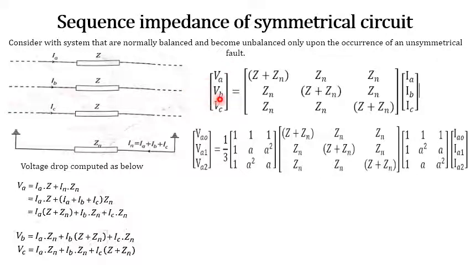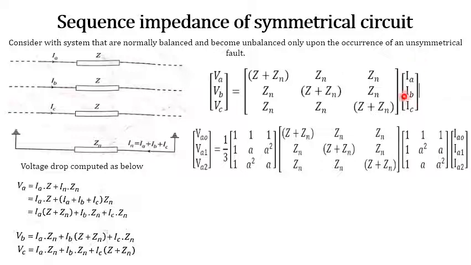For the voltage, we substitute the sequence components Va0, Va1, Va2, which can be written as 1 by 3 times the matrix 1 1 1, 1 a square a, 1 a a square. The matrix is the same, and for the current you substitute the sequence components, that is the matrix 1 1 1, 1 a square a, 1 a a square multiplied by I0, I1, I2. You have to be very careful here, we are substituting for Ia, Ib and Ic.